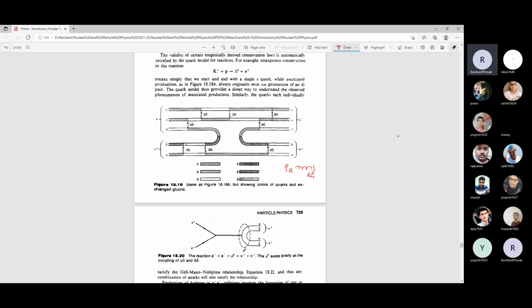So whenever it is doing this kind of reaction, it will become a quark with a green color. This is what you have to remember: whenever it emits a quantity of its own color and an anti, it will become that color, so it will become green. So this is what you are seeing.